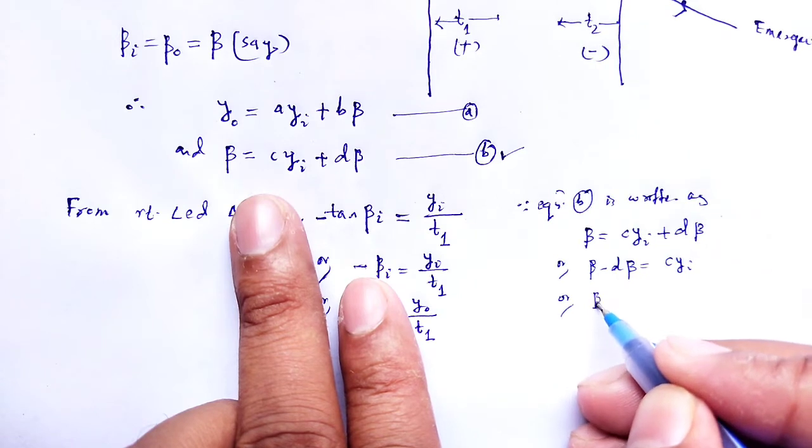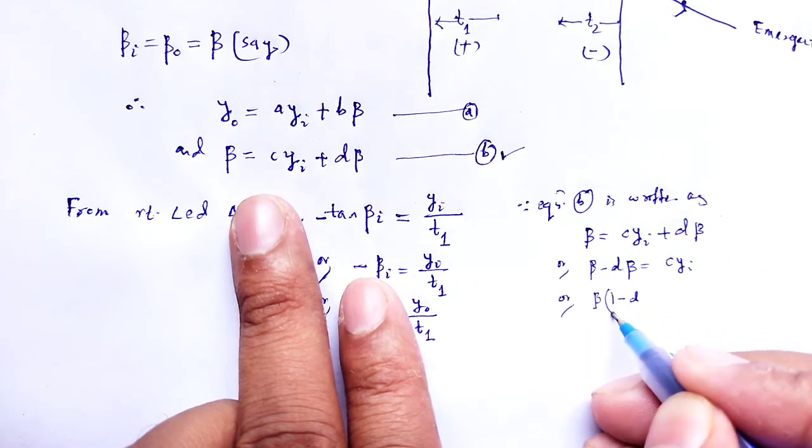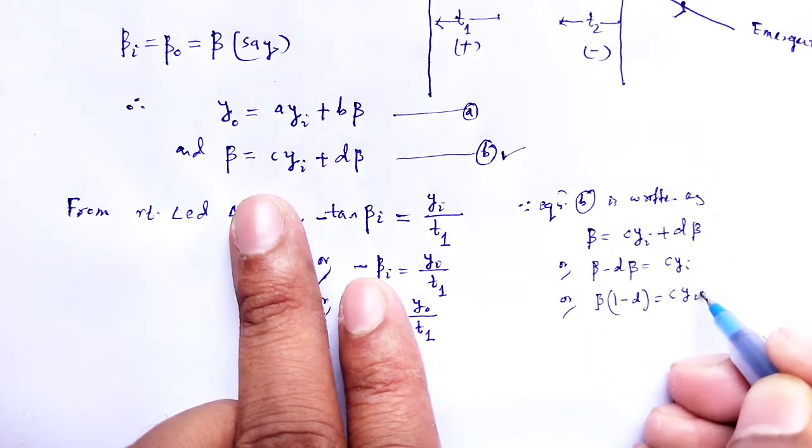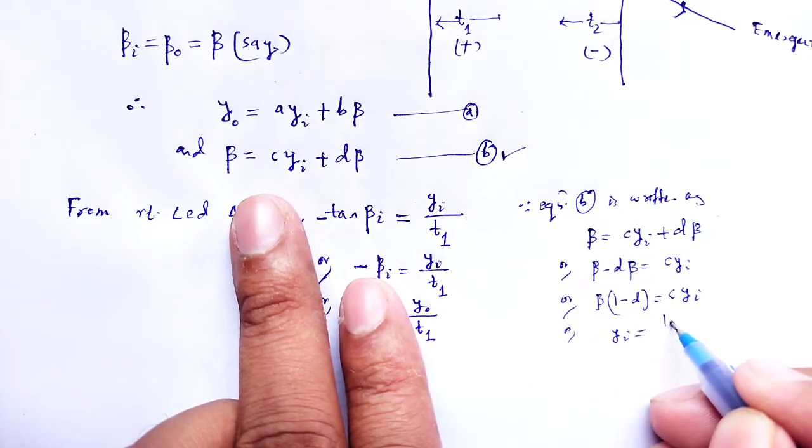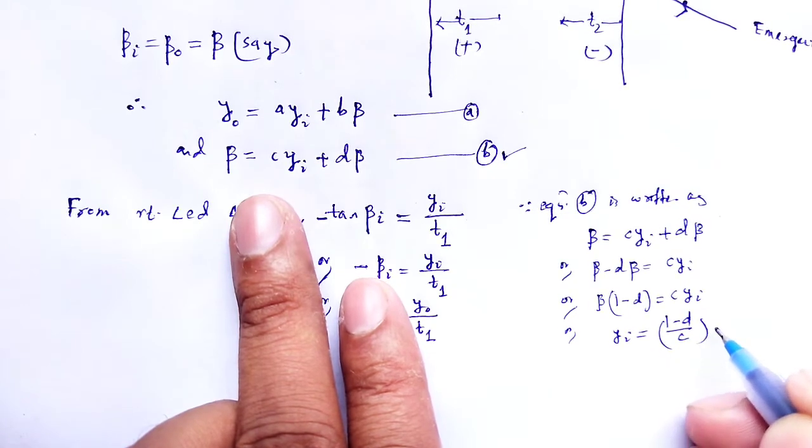Taking beta as common, 1 minus d is equal to c yi, or yi is equal to (1 minus d) by c into beta.